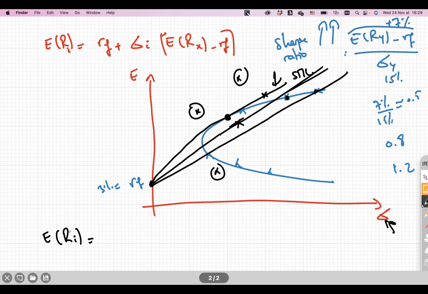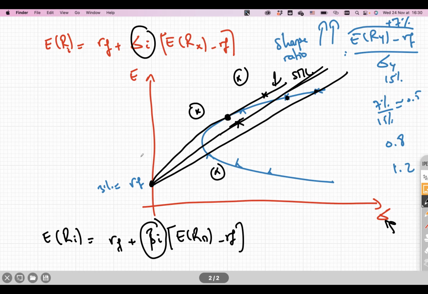ERI, the expected return of an individual stock, is equal to at least the risk-free asset plus the beta of this individual stock, ERM minus RF. RM is the expected return of the market portfolio. RF is the treasury bill interest rate. The beta here replaces sigma.